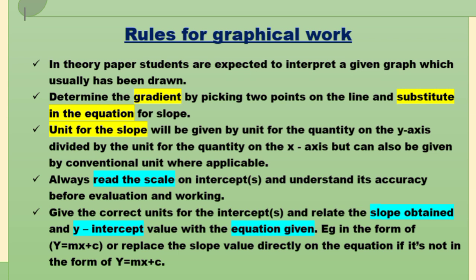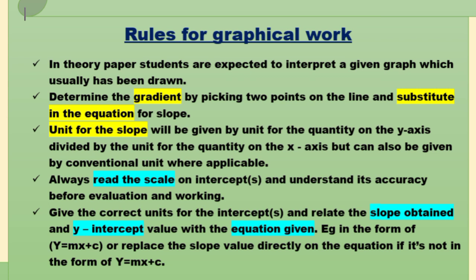In other words, the slope you've been given and the intercepts are very, very important when it comes to solving the equation, because sometimes we are given an equation in the form y equals mx plus c. That means you need to replace m, which is the slope, and c, which is the y-intercept.